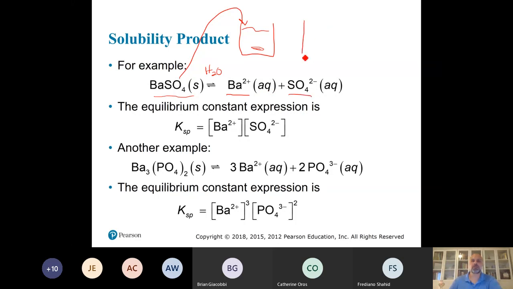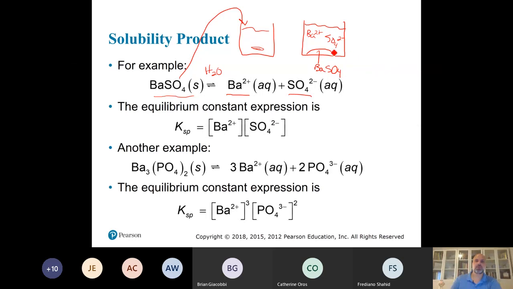So at the end, after we're done with our reaction, we have our barium ions in solution, our sulfate ions in solution, and our barium sulfate that didn't dissolve sitting on the bottom. That's all that's going on here.